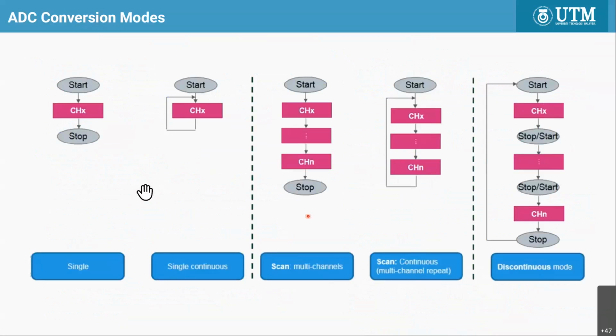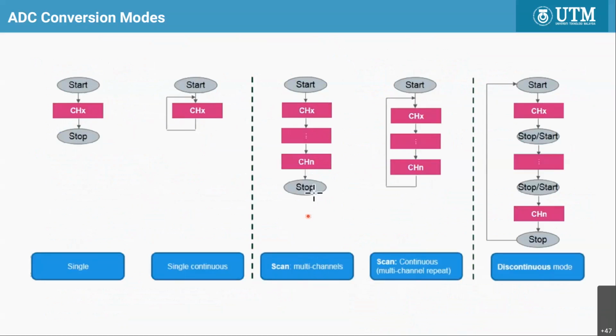So like this. You have single: you start the conversion, which channel, stop. Or you can have single continuous, so it will keep on converting continuously. It will never stop. Or you can have multi-channel, channel 1 through channel 7, for example. After that, you stop.